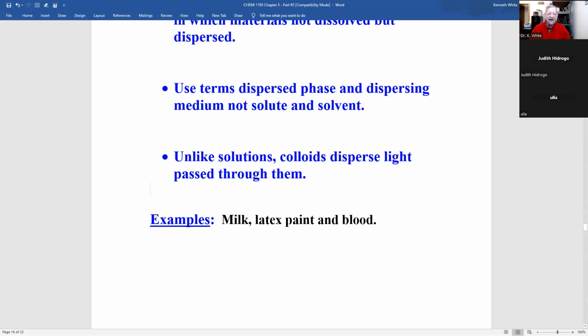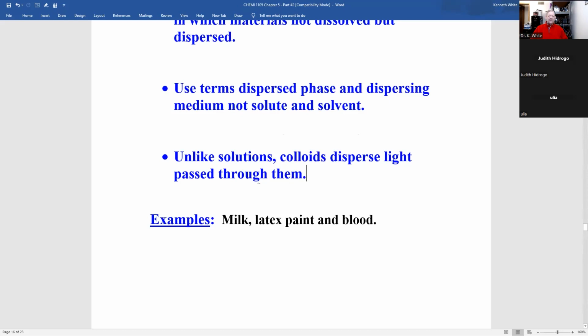Now, how can you tell a solution from a colloidal dispersion, also known as colloids? A colloidal dispersion disperses light; light cannot pass through them.